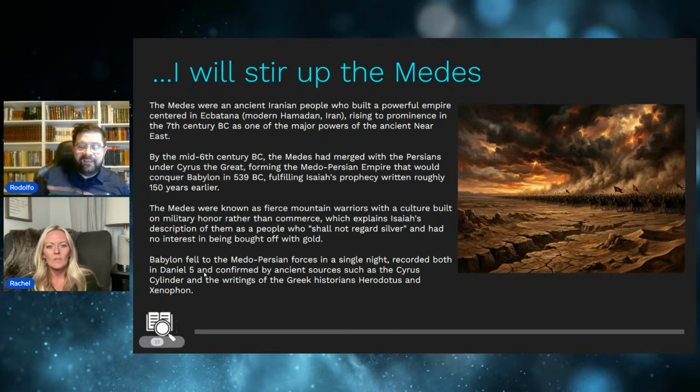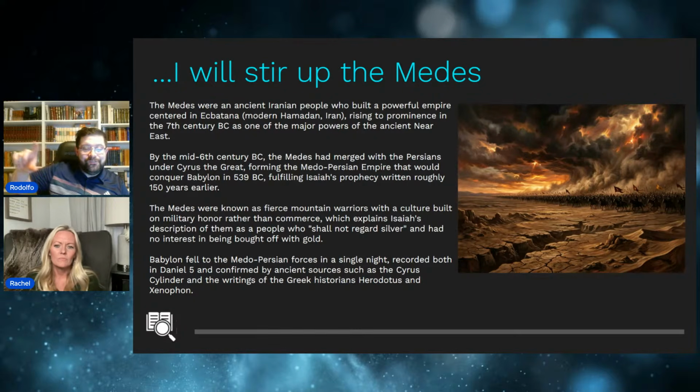Yeah, similar parallel there. But it's funny that it's not mentioning the Persians, only the Medes, because King Cyrus in Isaiah 45 is also an agent who casts destruction on Babylon, but the destruction they're doing is in order to build the temple, to gather the people.